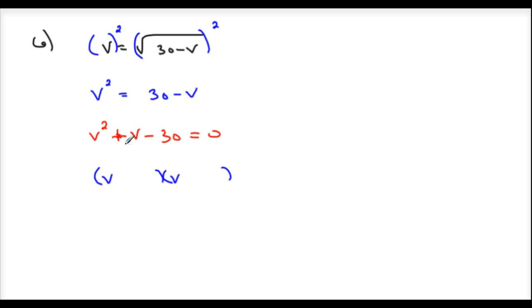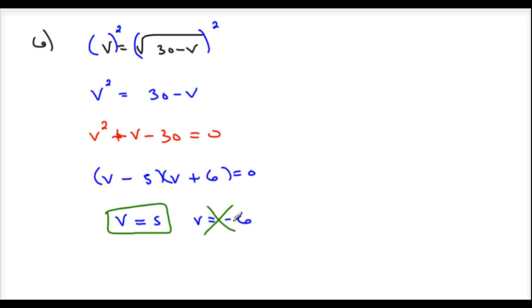Factors of 30 that give me positive 1: 6 and 5. Good, 6 and 5. So this is going to be a positive 6 and negative 5. Here v equals 5. v equals -6, solving those both for 0. Test both of these. If you test these both in there, you'll see that v equals 5 is a solution, and v equals -6 is not a solution, or considered an extraneous solution.